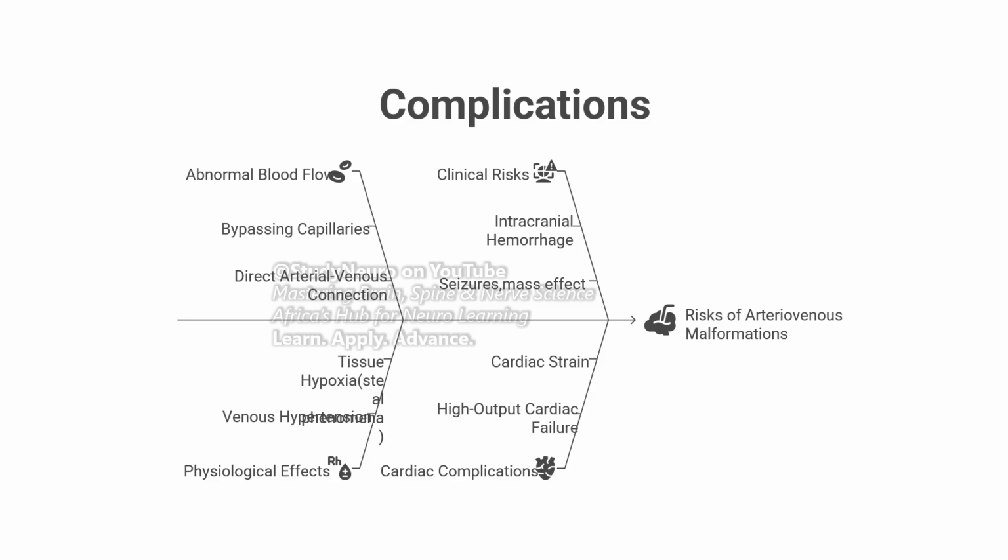In large or high-flow arteriovenous malformations, this can place significant strain on the cardiovascular system, potentially resulting in high-output cardiac failure. Clinically, patients with arteriovenous malformations are at risk of intracranial hemorrhages, seizures, mass effect, focal ischemia due to hypoperfusion, and in severe cases, cardiac failure, especially when the lesions are large or deeply seated.